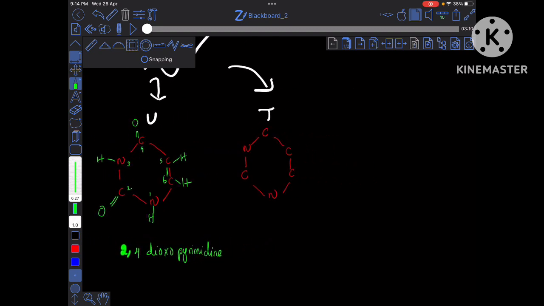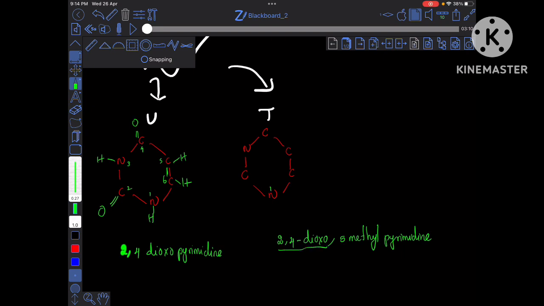Next is thymine. The other name of thymine is 2,4-dioxo-5-methyl-pyrimidine. Just remember this common name so that you can draw the structure very easily if you know the basic structure of purines and pyrimidines. 2,4-dioxo.